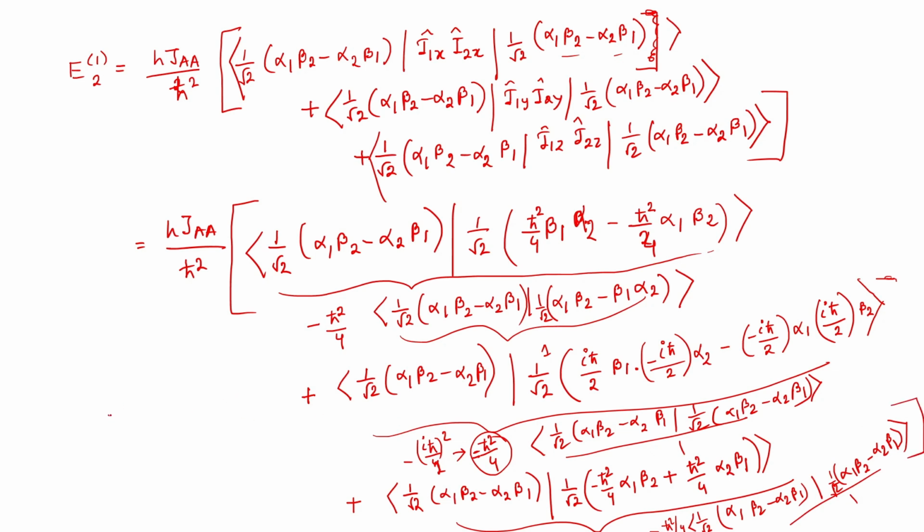So actually what you are getting, I am making it simpler here, is a J by ħ square into 3ħ square by 4, and you are getting minus 3 J ħ by 4, sorry, ħ.